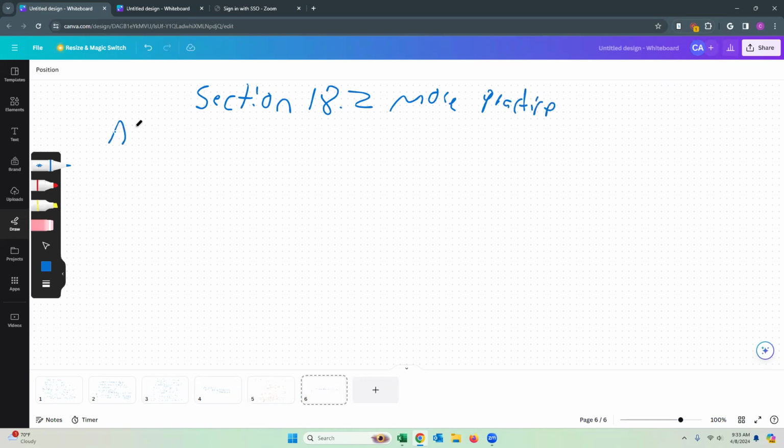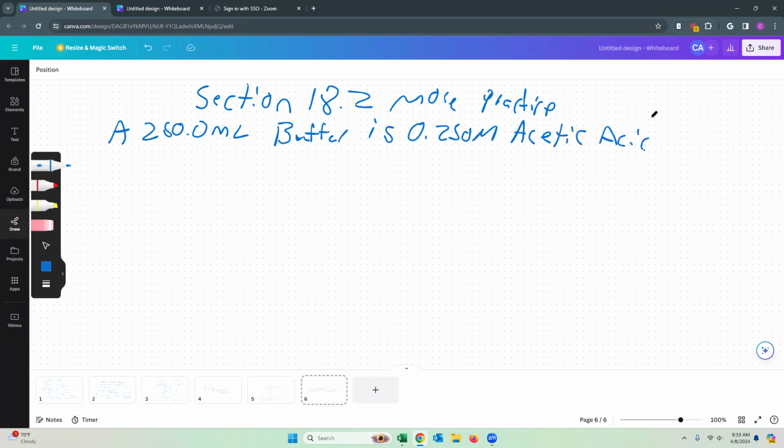And this says a 250 milliliter buffer is 0.250 molar acetic acid and 0.250 molar sodium acetate. pKa is 4.74. So it's the same system we're using.